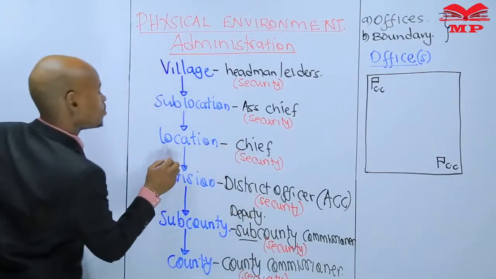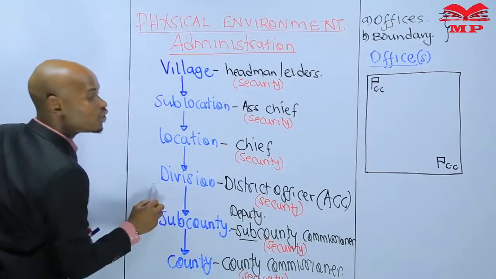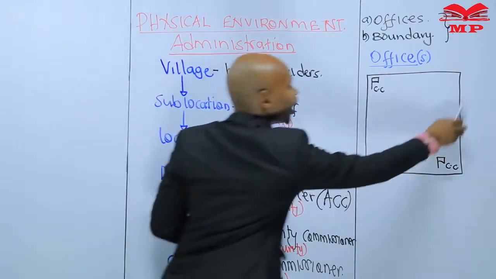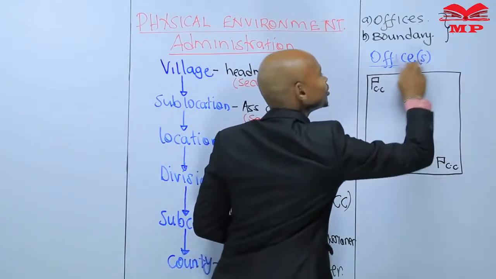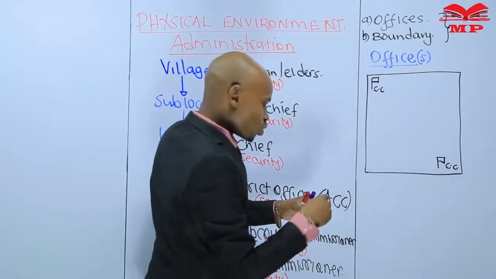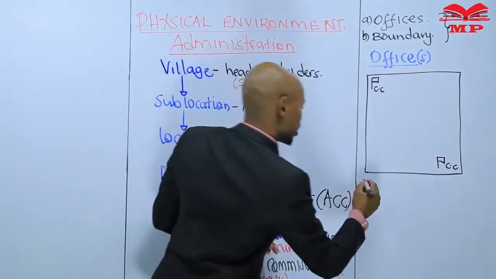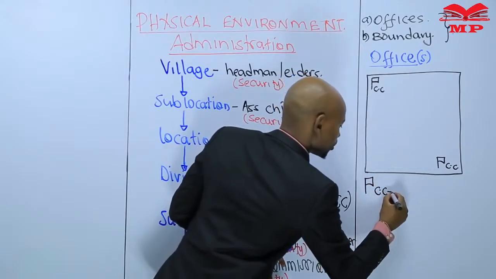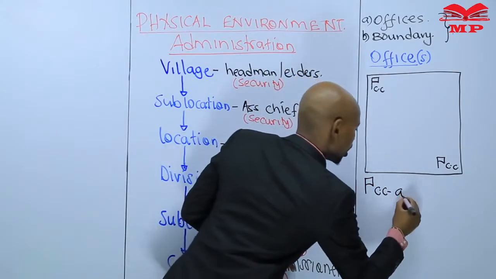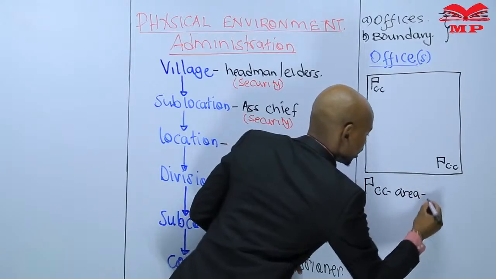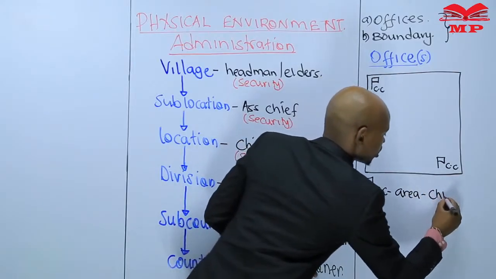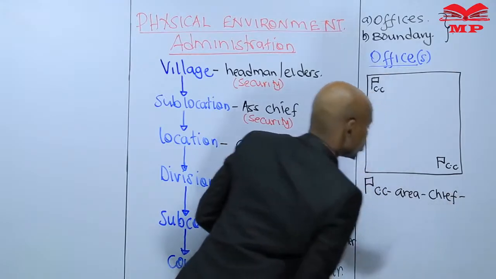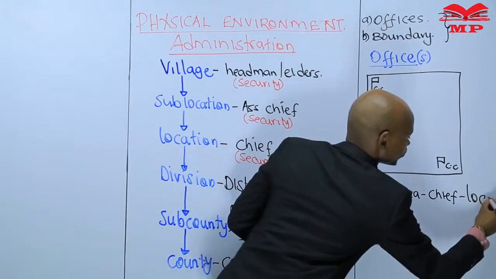A location, many locations, makes a division. So this area is no longer a location. Let us do it like a mathematical question. One chief camp: this area is headed by a chief because it is a location.